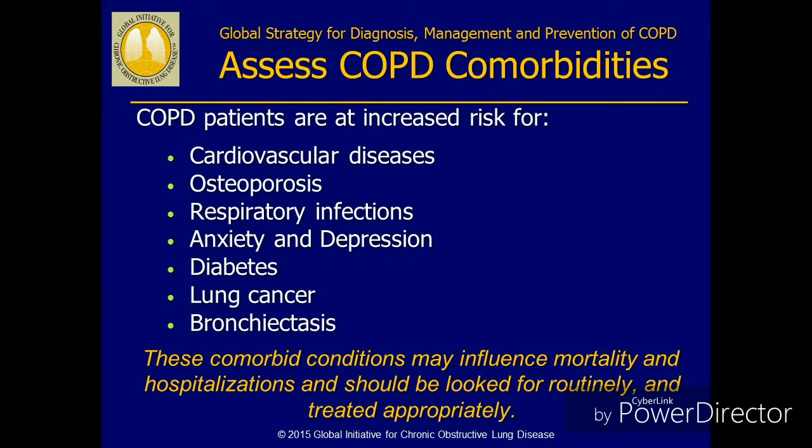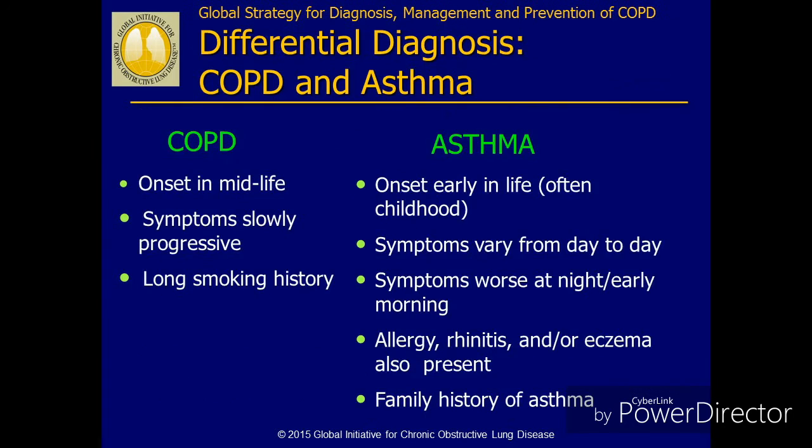Most doctors confuse a lot between COPD and asthma. The important differentiation is that COPD usually starts after midlife, and you can have history of asthma right from the early days of life. The important thing is the symptoms in COPD are slowly progressive, but this is not seen in asthma.